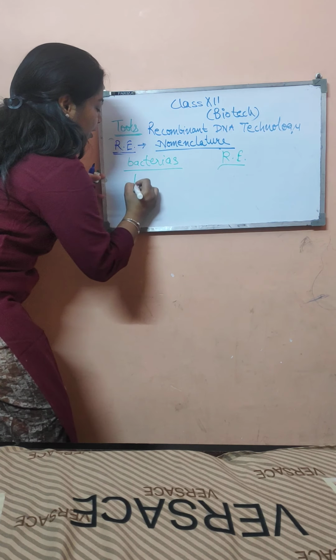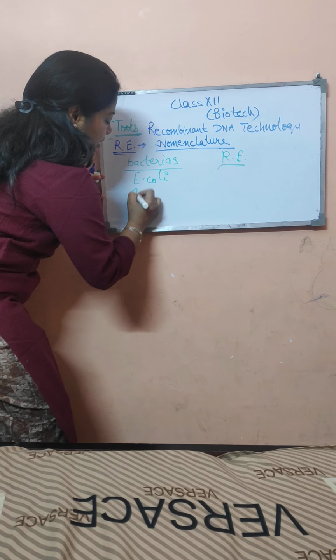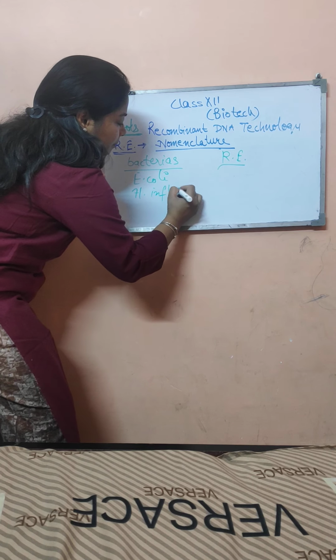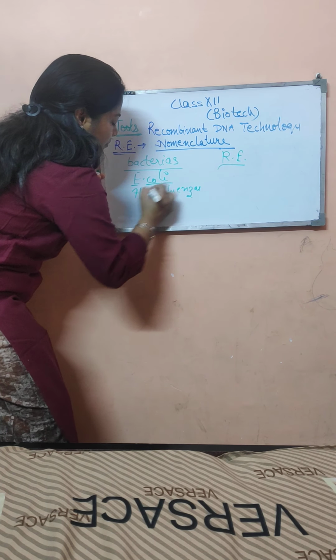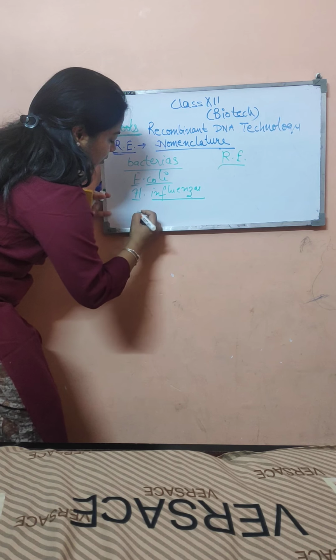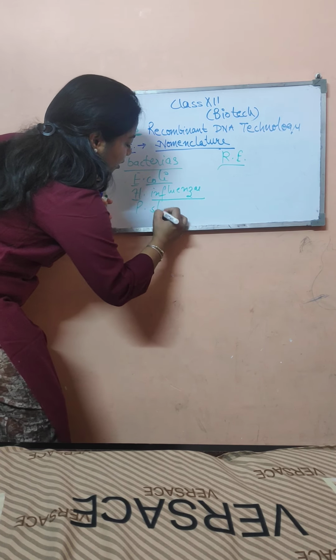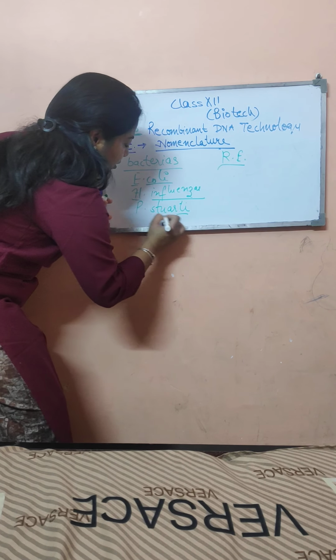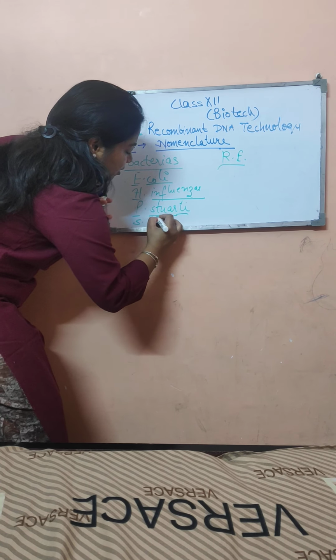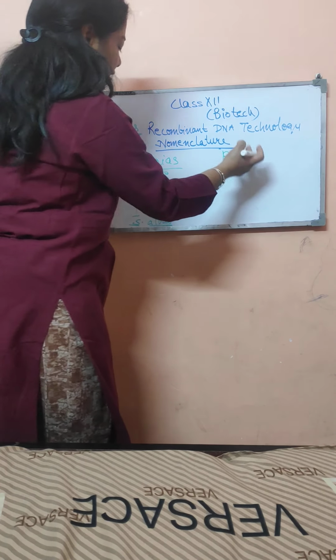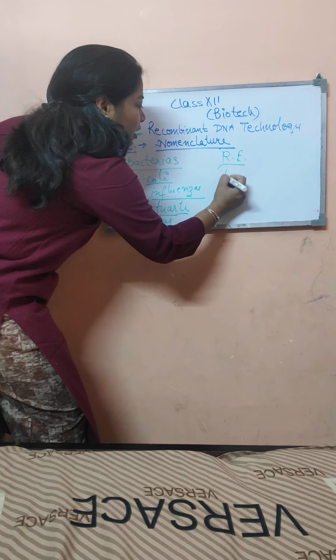For example, E. coli, Haemophilus influenzae, then Providencia stuartii, Streptomyces albus. These are the different bacteria from which we get different restriction endonucleases.